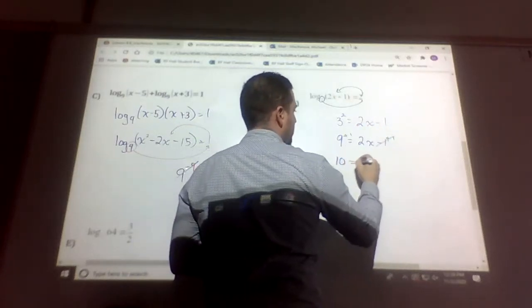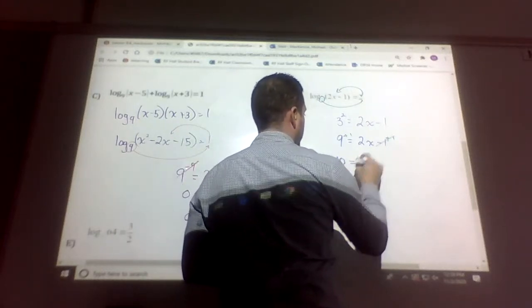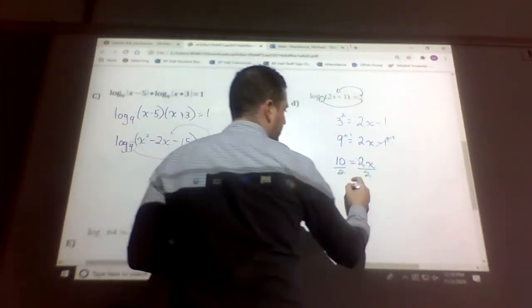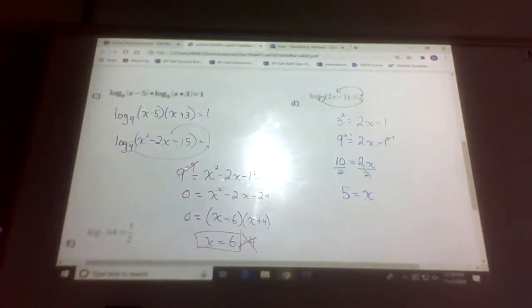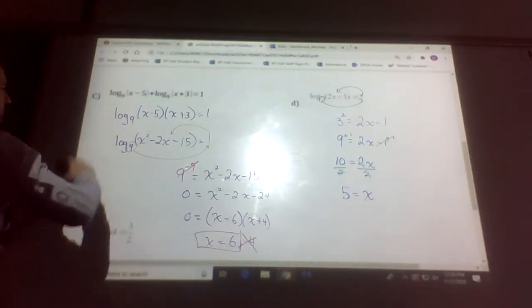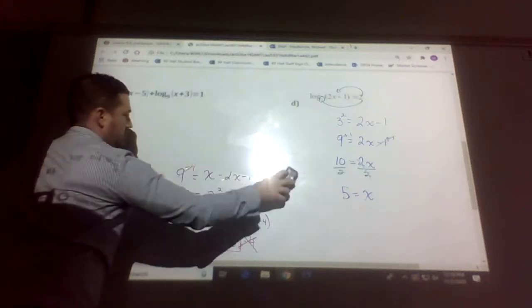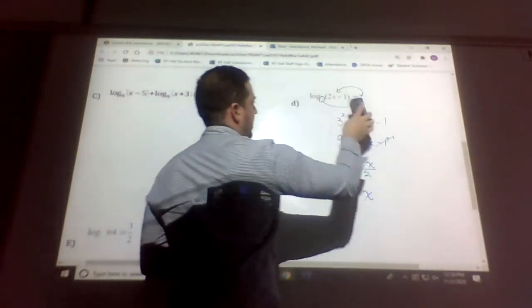We get 10 equals 2x. And then divide by 2. We get the answer of 5. Okay, that one was pretty straightforward. We had to convert it.